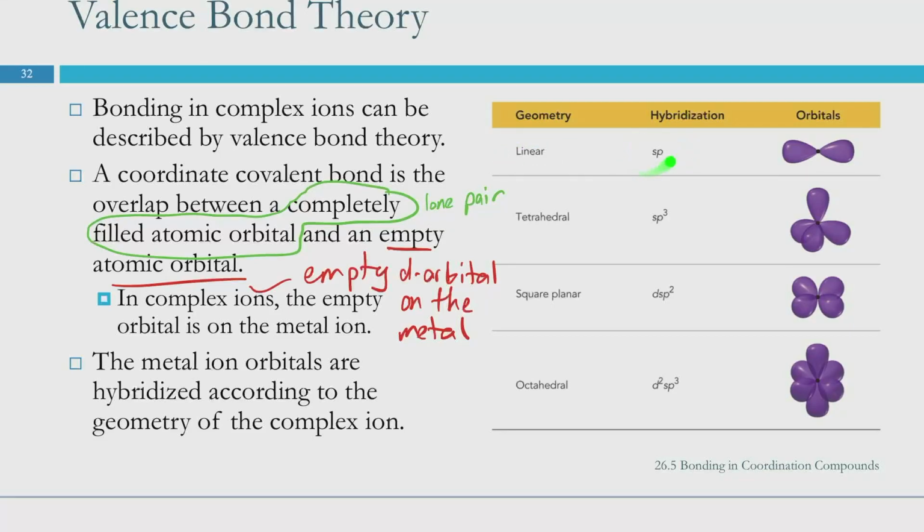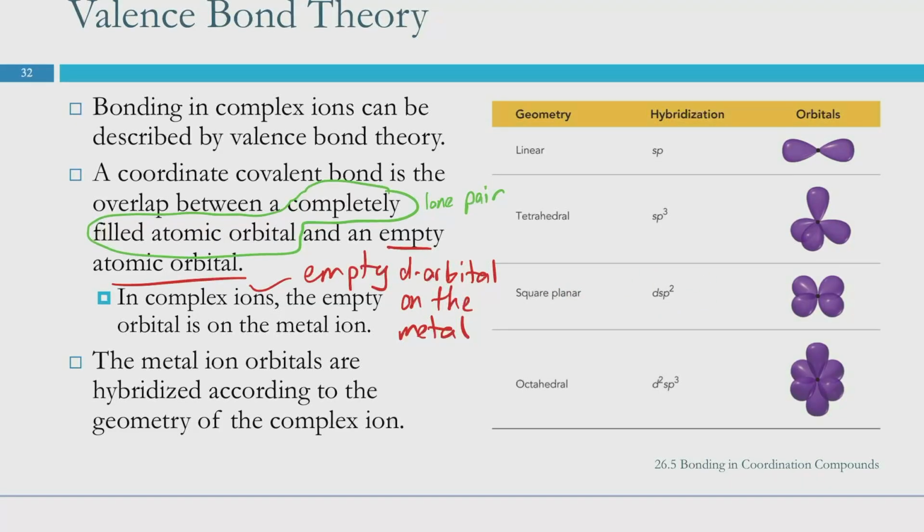So linear, we've got two orbitals, it's sp hybridization. We're blending an s orbital and a p orbital. Our tetrahedral geometry, we'd be blending an s and all three of the p orbitals to get a total of 4 orbitals, 4 electron groups. For square planar, it's going to be dsp squared, and we'd have an empty p orbital.